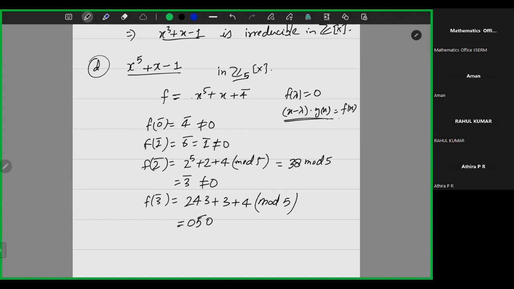Oh, is it a root? Sorry, this is 250 or 260. 3, 4, 7, 250. Modulo 5, and this is 0.